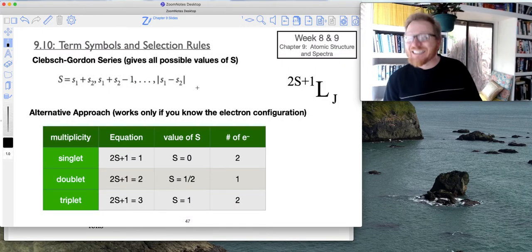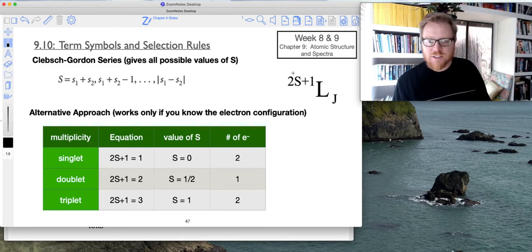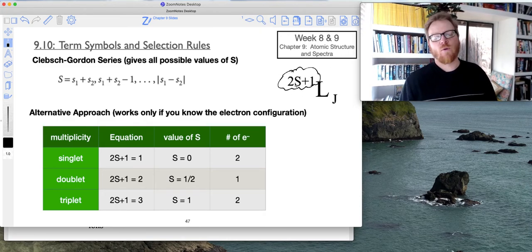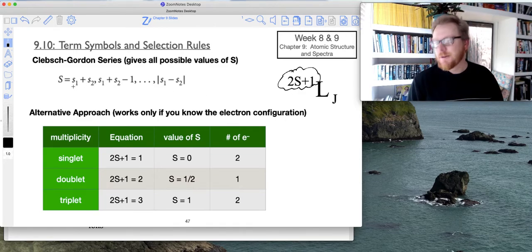So multiplicity, which is this chunk right here. Okay? And there's a couple ways that I like to do this. For one, here's our Clebsch-Gordan series, right? And these little S's correspond to the electrons, okay?